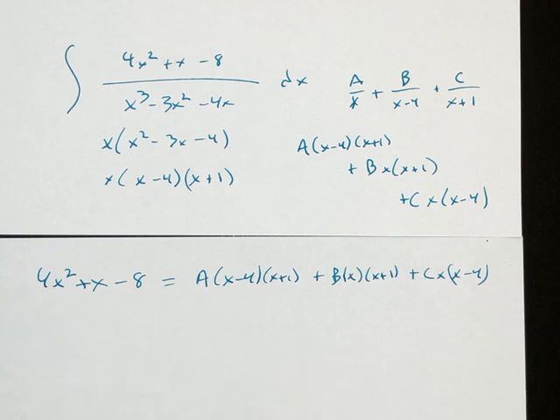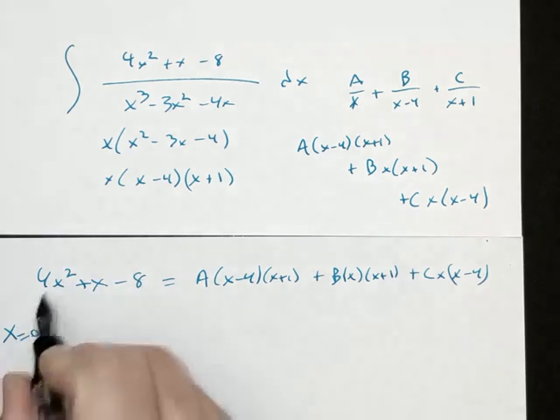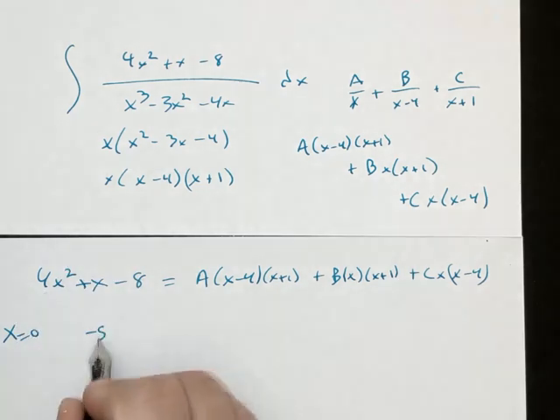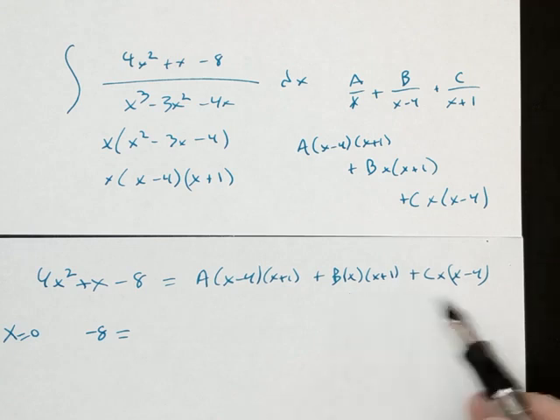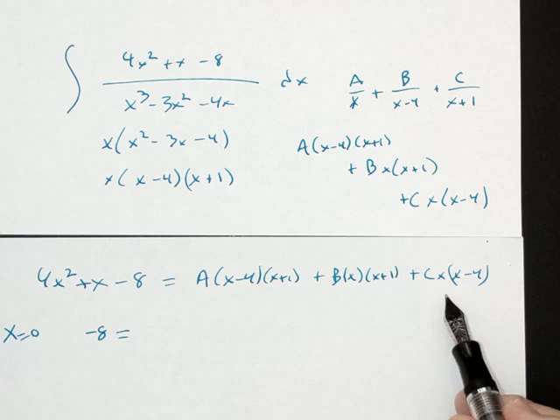If I plug in 0, then the left side is 0 plus 0 minus 8. What happens on the right side? That B term has a B times x in it, right? That whole thing is 0. This whole thing is 0.